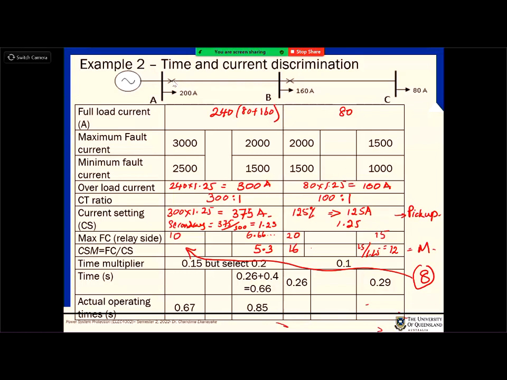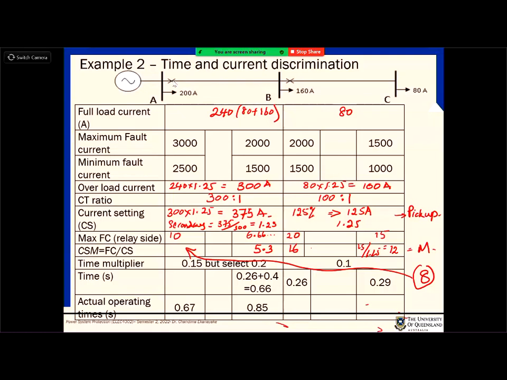Right. So now we know the multipliers, right? First we know the maximum fault currents.